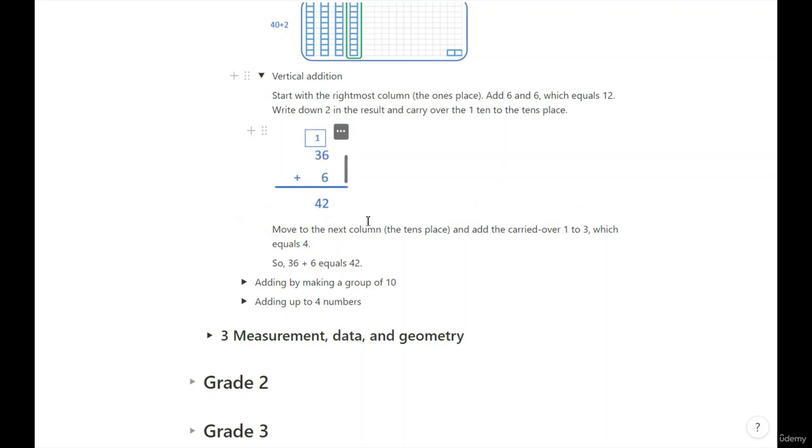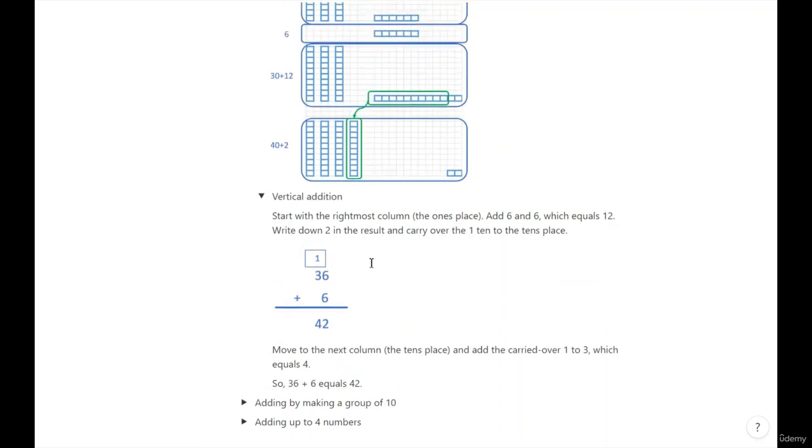So this is the tens place, and add the carried over 1 ten, 10, and the original 3 tens here, which equals 4 tens. So we can put it here as just 4. So 36 plus 6 equals 42. This is the vertical addition method, and it will help us to do the addition easier.